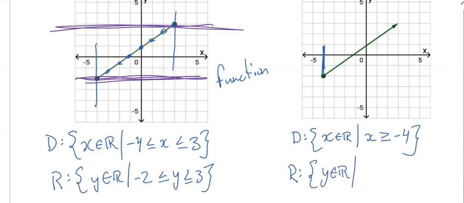And what about the y's? It has a minimum, but it goes up forever. Y is every real number.